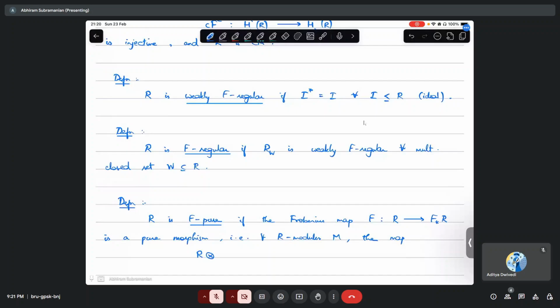So now, what are the relations between these types of rings?